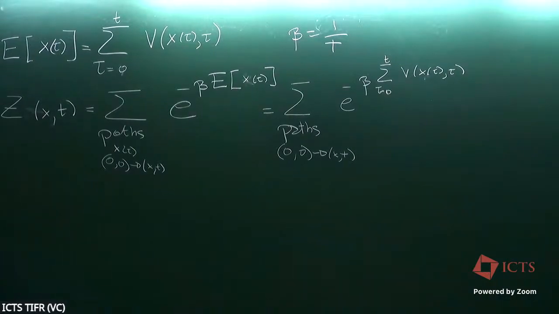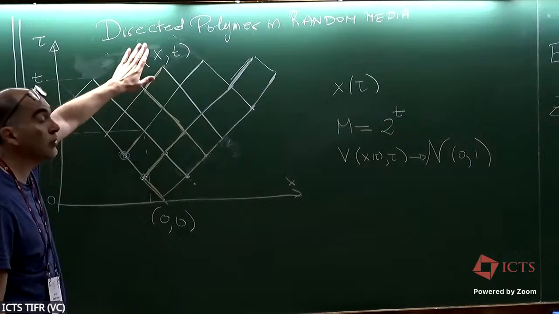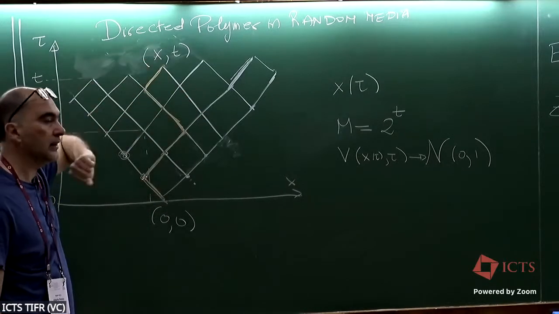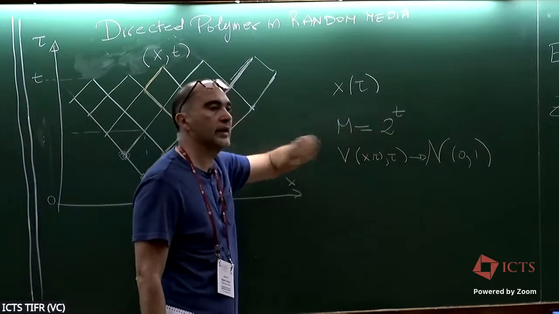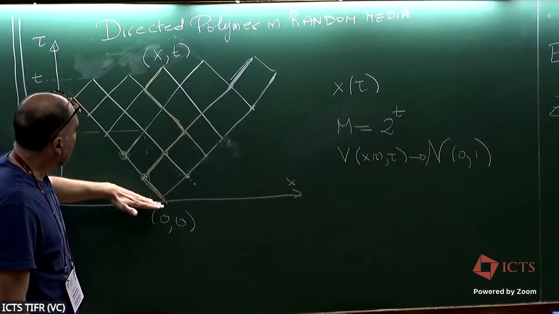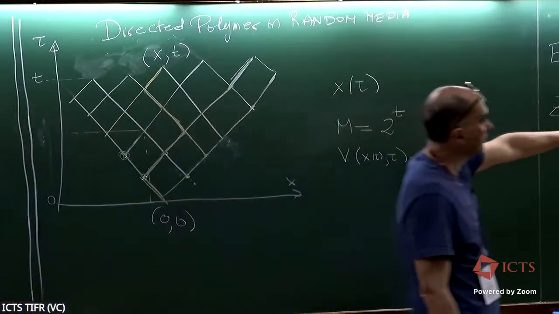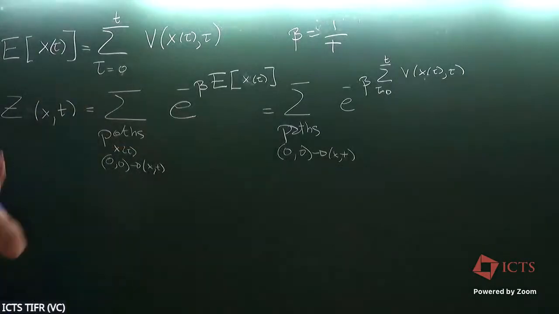So you understand what we are doing. You take, for example, an ending point. You can also decide that you want to sum over all paths. This is another possibility. You select all the paths with this feature. There are many: if you take all the paths, they are 2 power t. But they have a different weight, and this is the Boltzmann weight associated to each path.